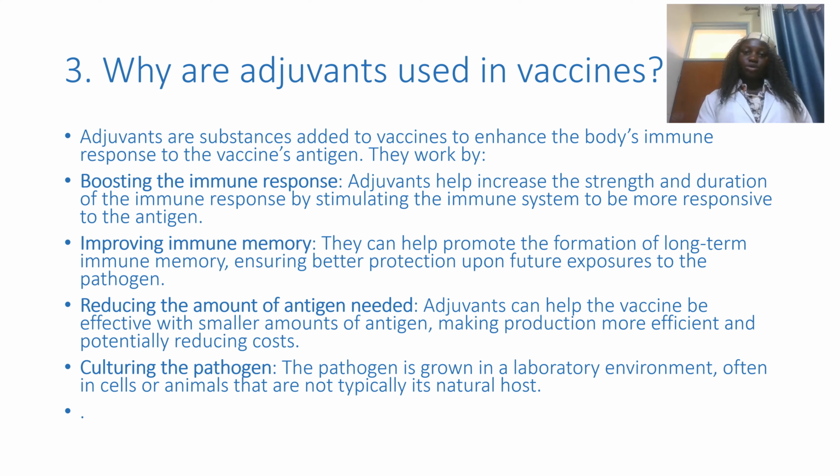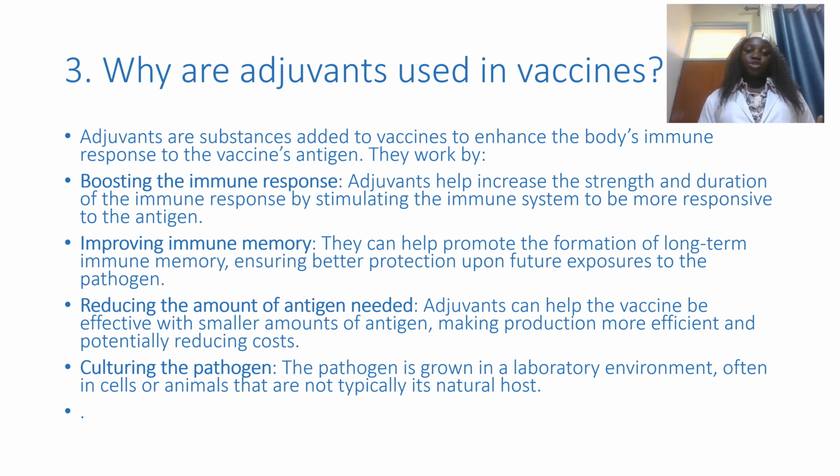Adjuvants help increase the strength and duration of the immune response by stimulating the immune system to be more responsive to the antigen. Then improving immune memory. It helps to promote the formation of long-term immune memory, ensuring better protection upon future exposure to the pathogen.